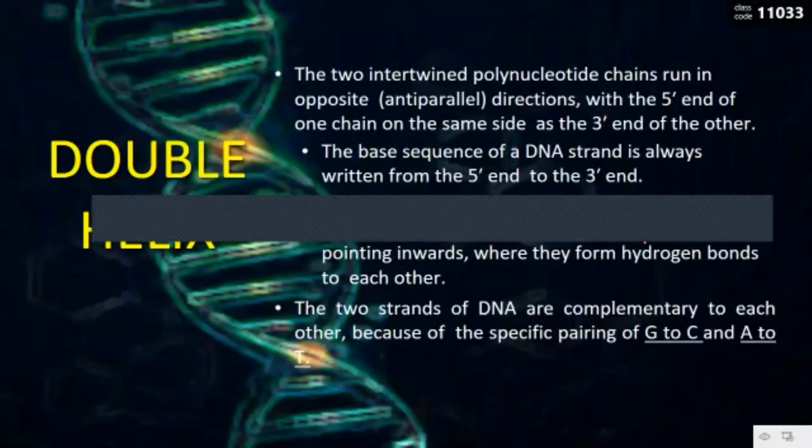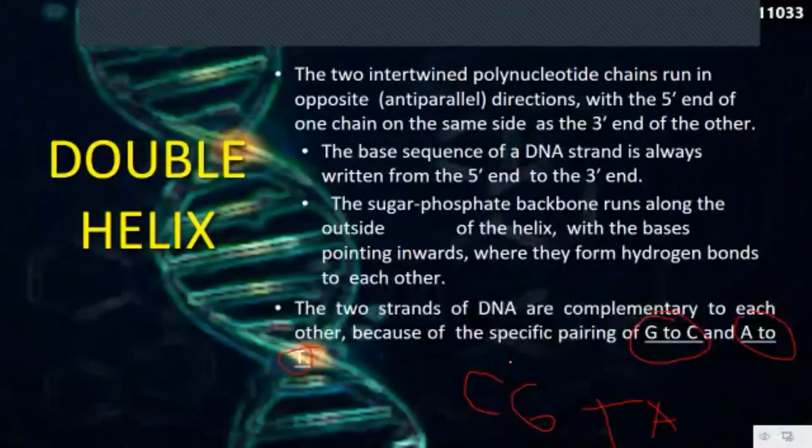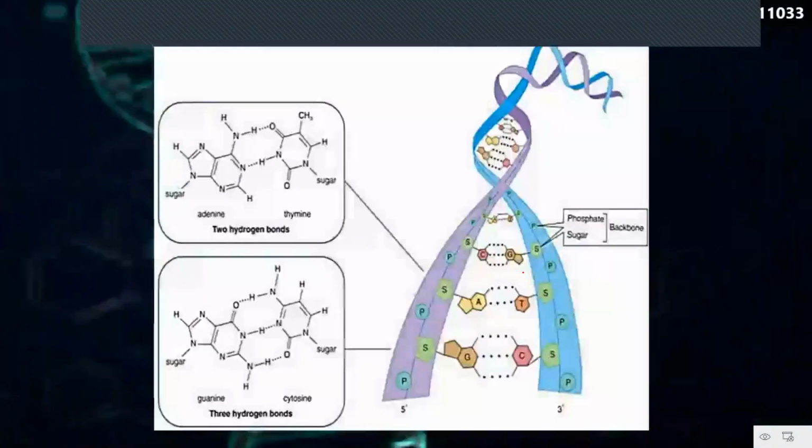And again, pinapaalala ko ulit sa inyo, G will connect with C and A will connect with T, or C will connect with G and T will connect with A. Not the other way around. Kaya complementary yung mga bases na yan, kasi ganun at ganun lang sila pwede mag-interact, because of the two hydrogen bonds and the three hydrogen bonds existing respectively with adenine and thymine, guanine and cytosine.